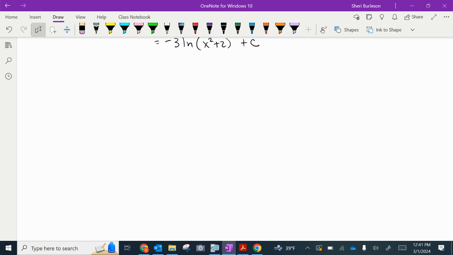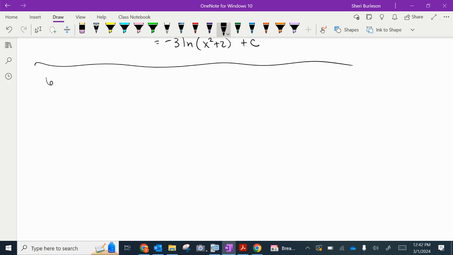So which one? 60 and 91. Did you also do 72? 60, 73, and 91. And this is from section 5.1, right?